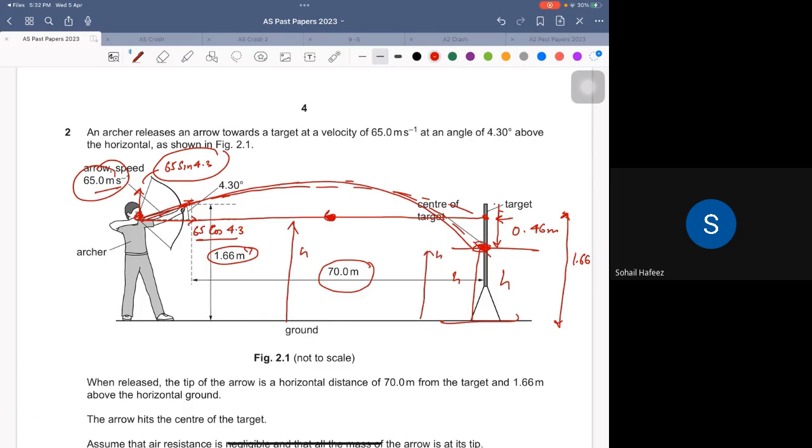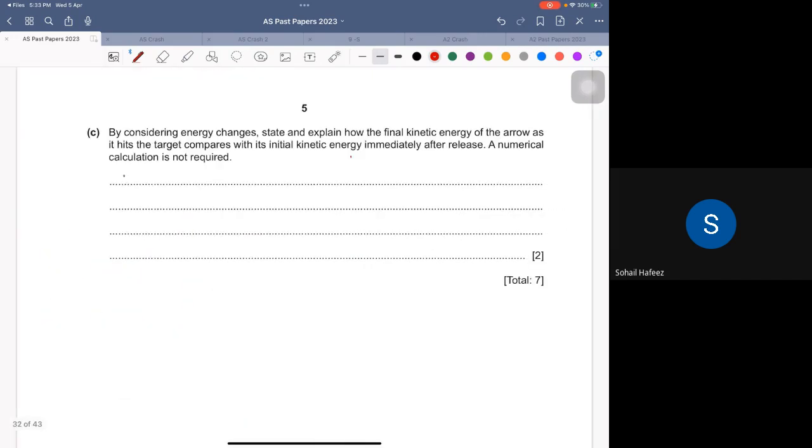So GPE decreases, and obviously if the GPE decreases, it has fallen more than it should, so its kinetic energy will be even more. Okay, so we're going to write number one, gravitational potential energy decreases, hence kinetic energy has increased, so speed will be higher.